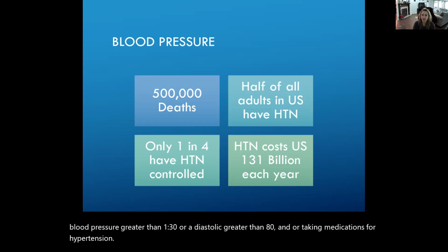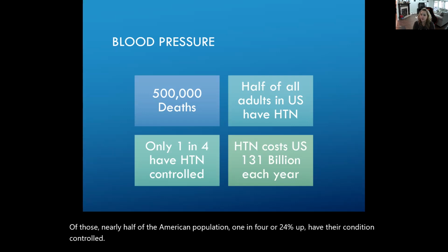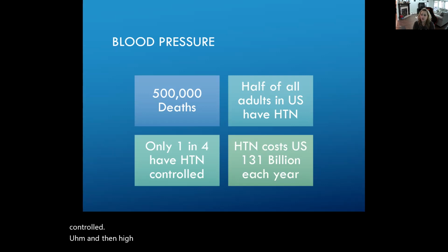Of those, 1 in 4, or 24%, have their condition well controlled. And then high blood pressure costs the healthcare industry in the United States an average of $131 billion each year.